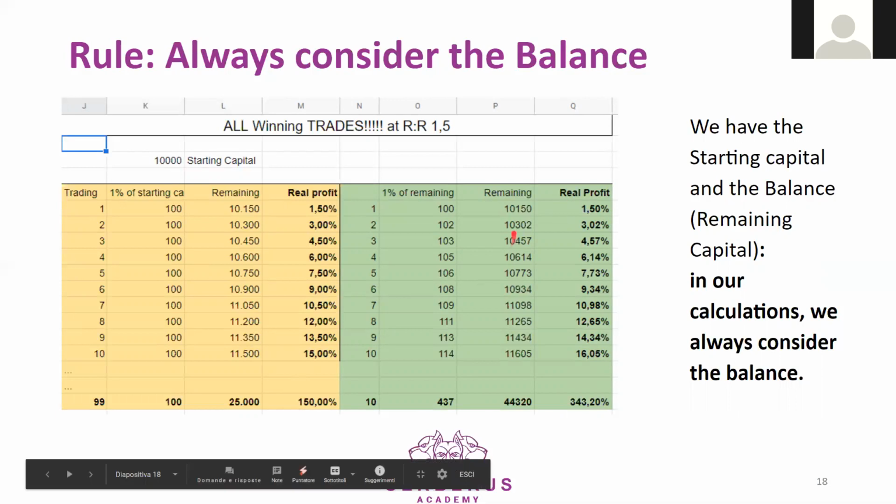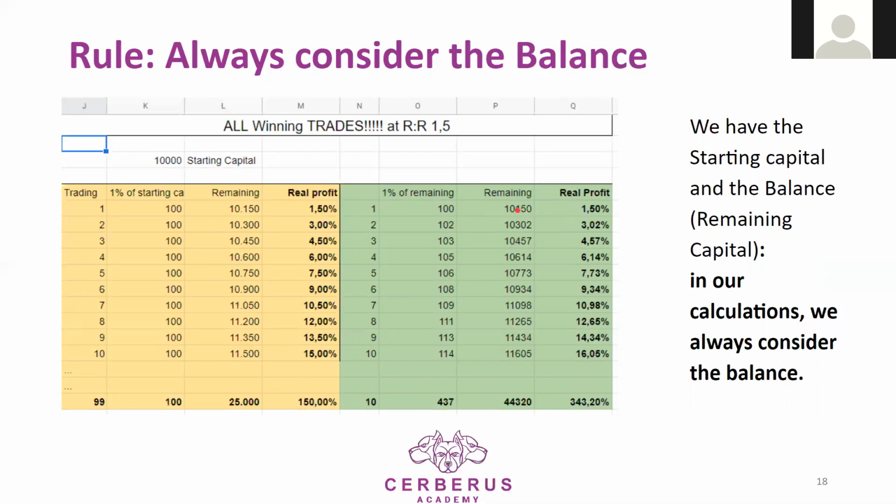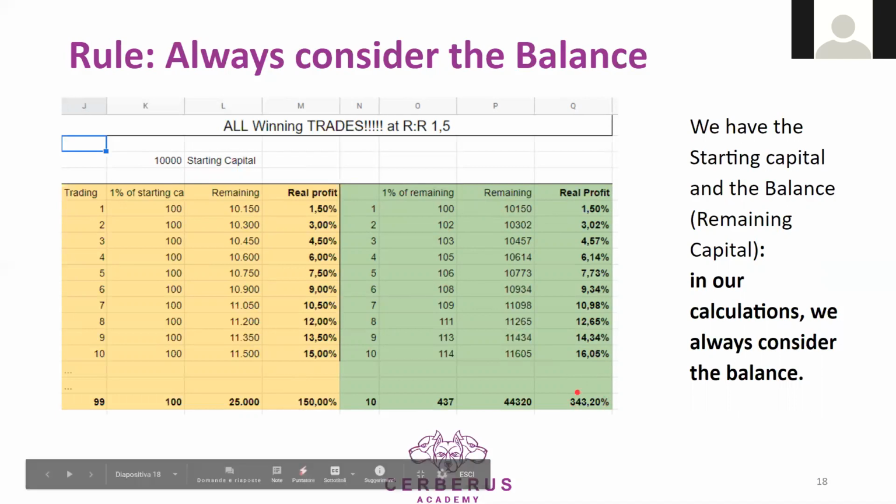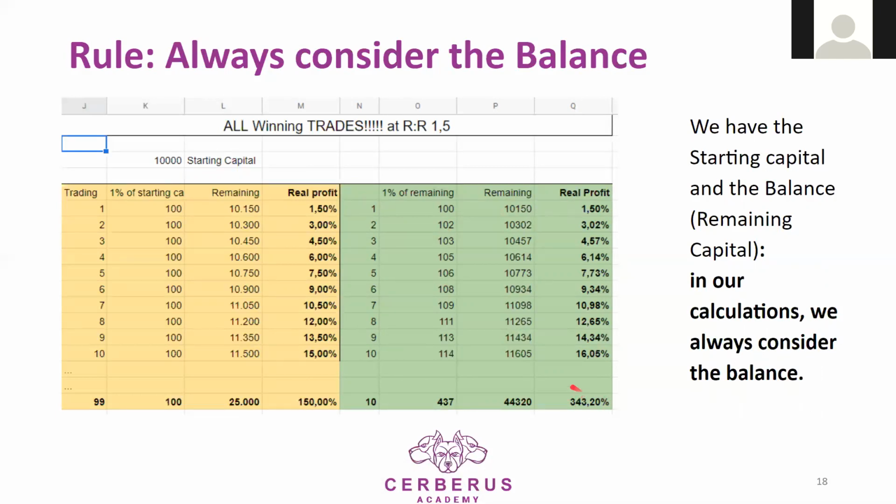But in this case, if I'm calculating the 1% of the balance and not the 1% of the starting capital, you see how the risk can increase and the profit at the end will be a nice 343% against the 150%.